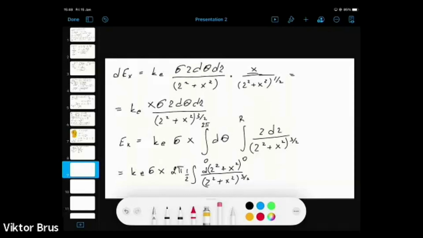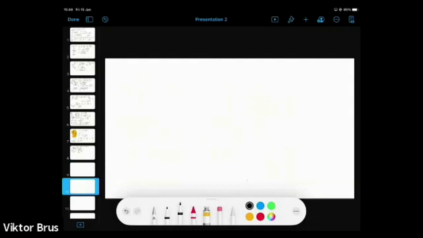And as a result of this integration, we can get the final expression, not final, but close to final. It will be 2 pi k e sigma x after integration and getting rid of coefficients, that is 2 and another 2 which we get in the denominator because of the integral.